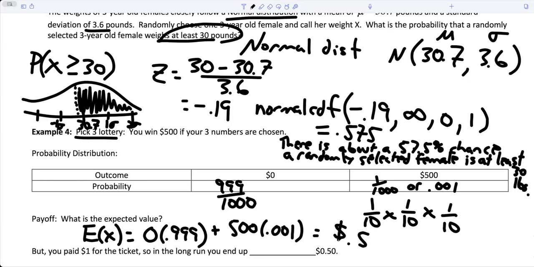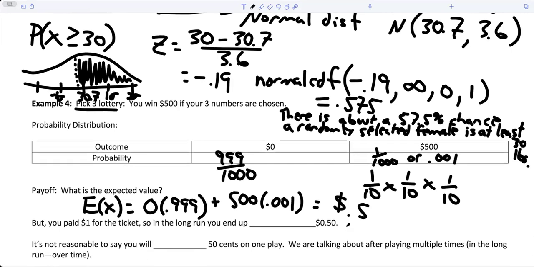However, you don't get to play the Pick 3 for free. They're going to charge you, probably $4 or $5. But just for the sake of simplicity, let's say you paid $1 for the ticket. So in the long run, you end up losing 50 cents. Notice, it's not reasonable to say you will lose 50 cents on one play, because we are talking about playing multiple times in the long run.